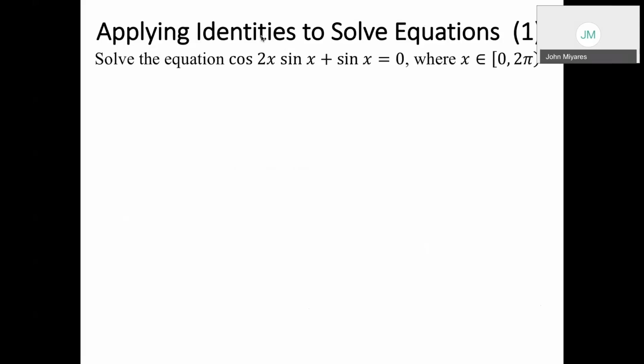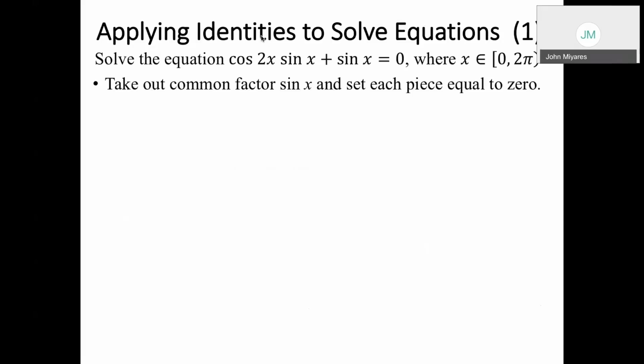The thing I see in this equation, though, is that there is a sine of x in each term on the left-hand side of the equal sign. So perhaps we should be thinking about taking out a common factor of the sine of x and then set each piece equal to 0. This will give us the sine of x times the cosine of 2x plus 1 equals 0.